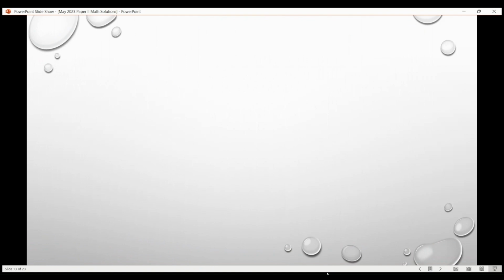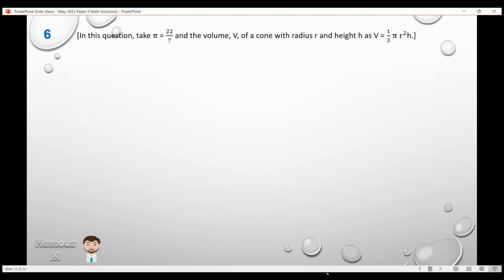We now go on to number 6, where the question says we must take pi to be 22 over 7, not a decimal in this case, and the volume, V, of a cone with radius r and height h is given as V is equal to 1/3 pi r squared h.